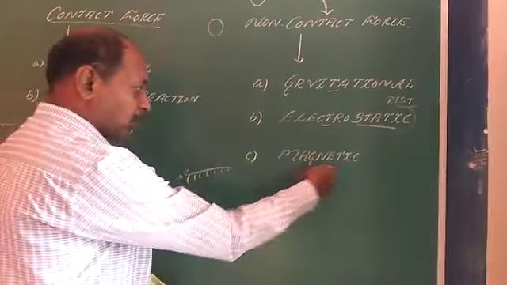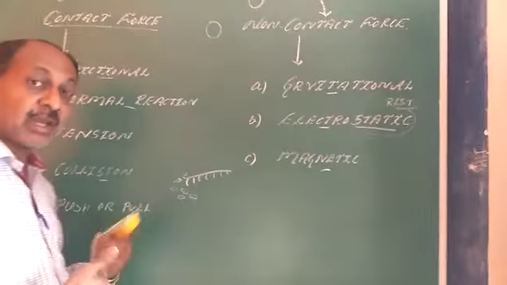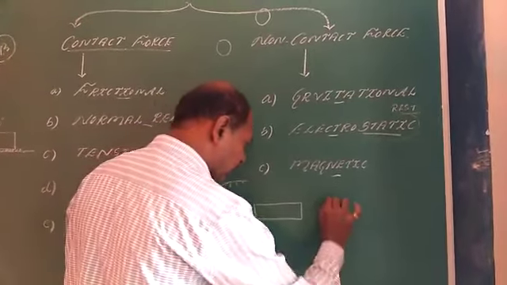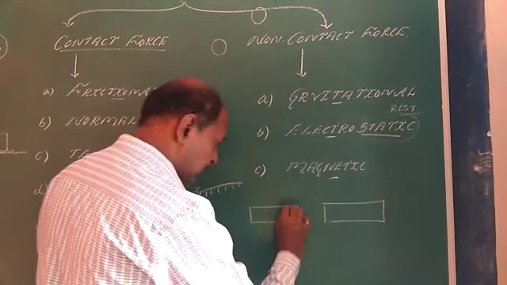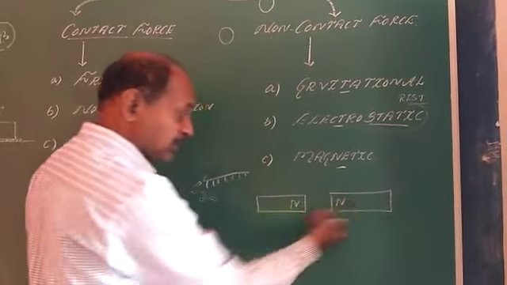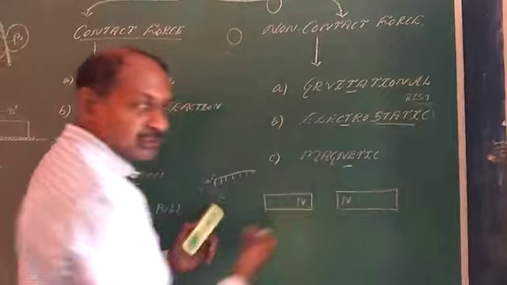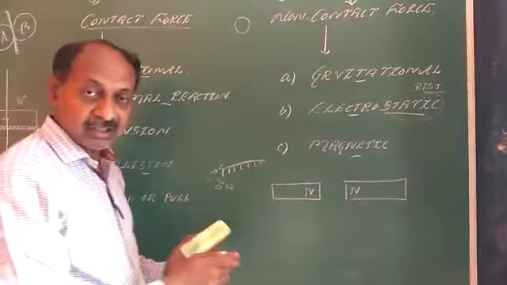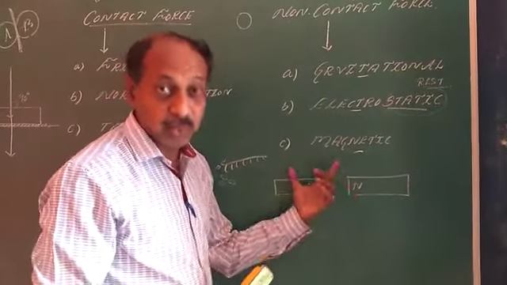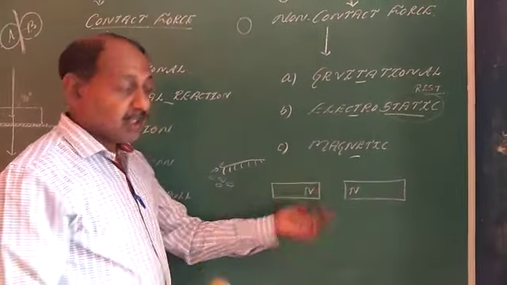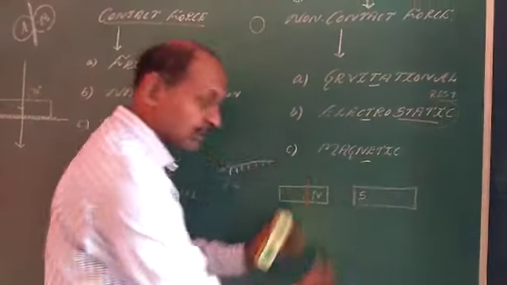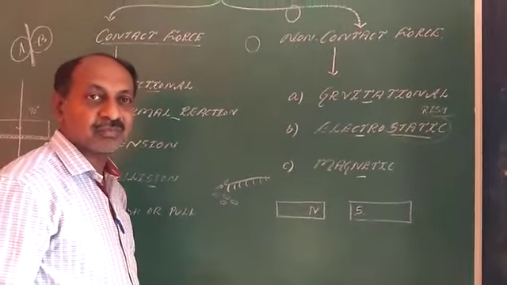And the last one, well known to you, is the magnetic force. Consider two magnets. One is a north and the other is also a north. A repulsive force happens because both are like poles. If you turn one in the opposite direction, it attracts.